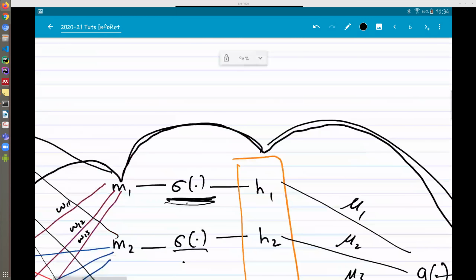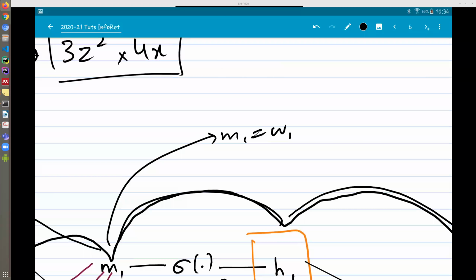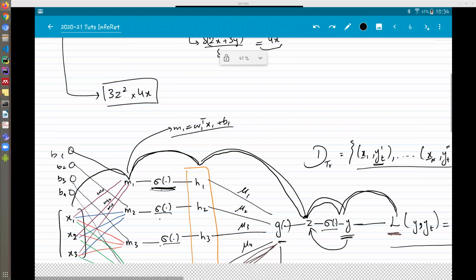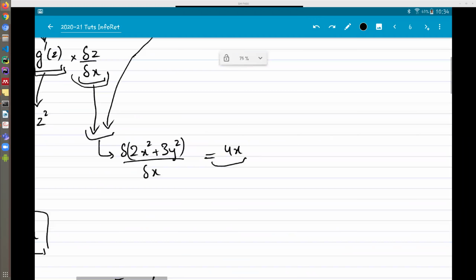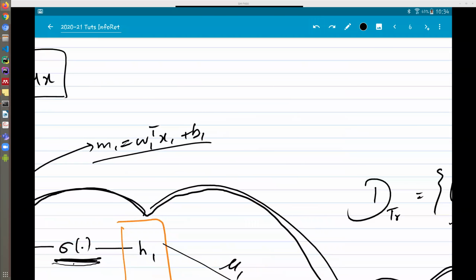Now we can say that M1 is equal to W1 transpose X1 plus B1. Okay, now we have this form. Before we were only talking about W transpose X1. So this is the linear layer, so to say, and this way we stack all M1, M2, M3, and M4, and in the end we have this weight matrix. In fact we can write that in a better way as X transpose W1.